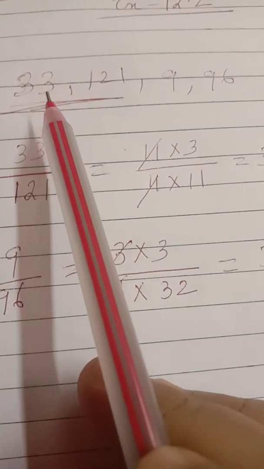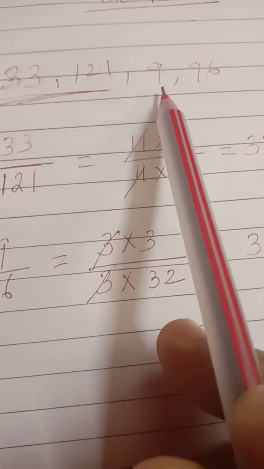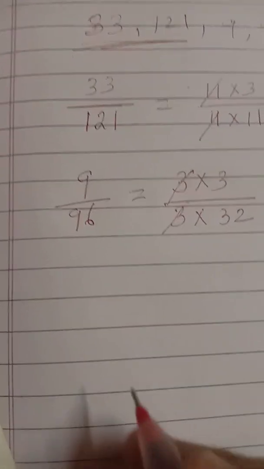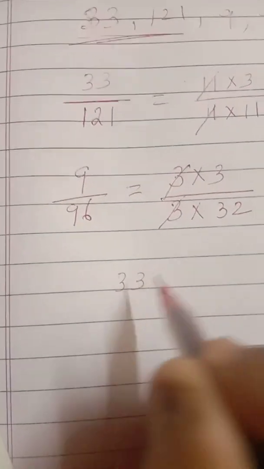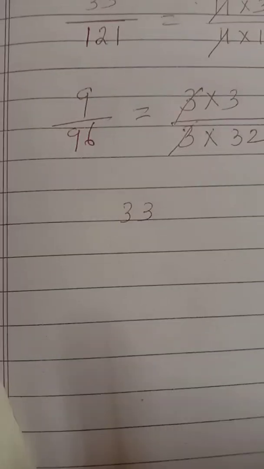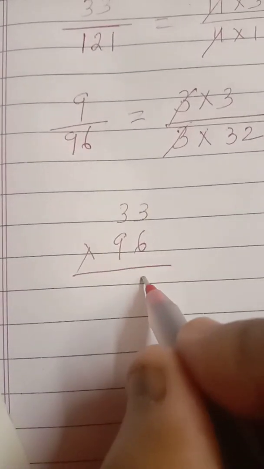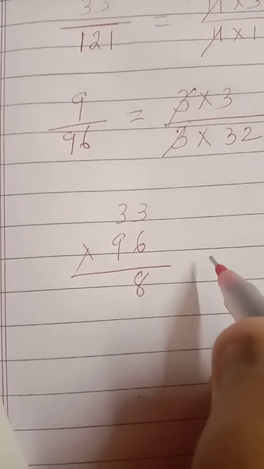We have to multiply the first and the last, and the second and third. So here first and last, that is 33 multiply 96. 6 3s are 18, carry 1.